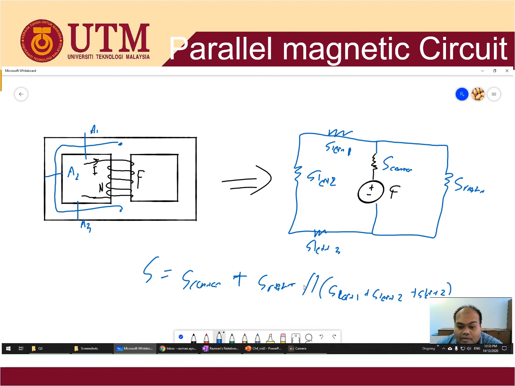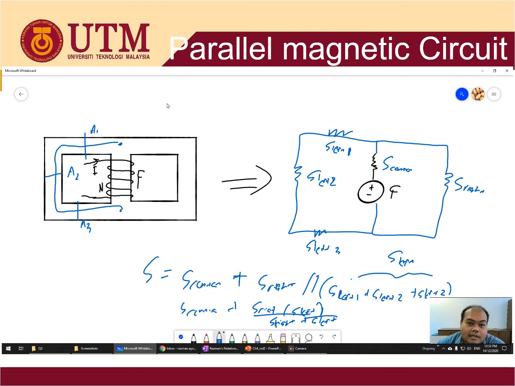So basically you have to use the parallel law: S right, then S left, all of this S left divided by S right plus S left. So it is the same as resistance, S center.